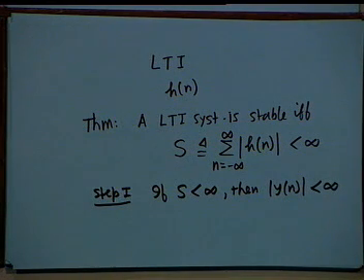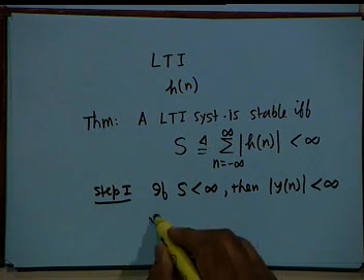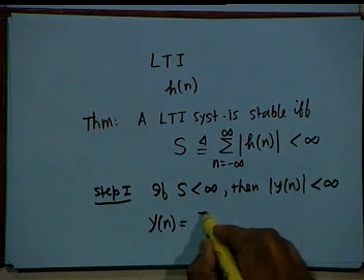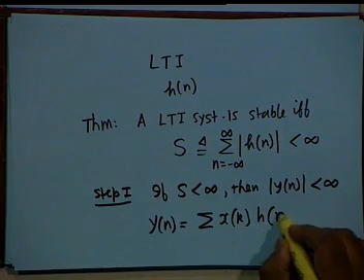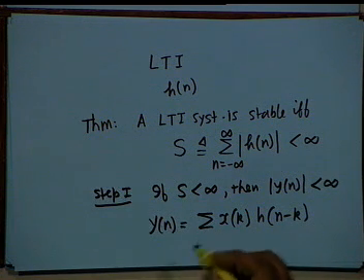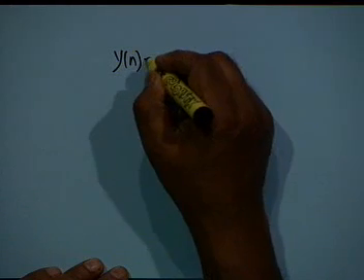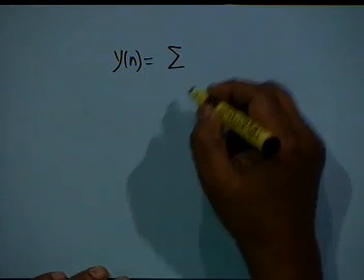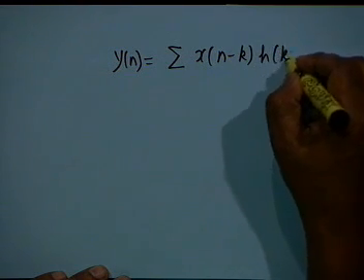This is the first thing that we prove, and it is very simple to prove, because your y of n is nothing but summation x k h of n minus k, or equivalently, I am not putting the summation limits, they are implied, I do not want to write it again and again, or equivalently we can also write y of n, as you know the operation is commutative, we can write x of n minus k h of k.